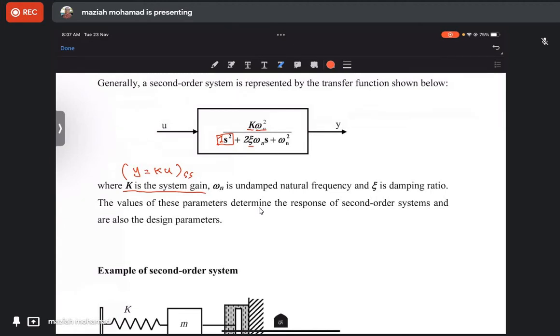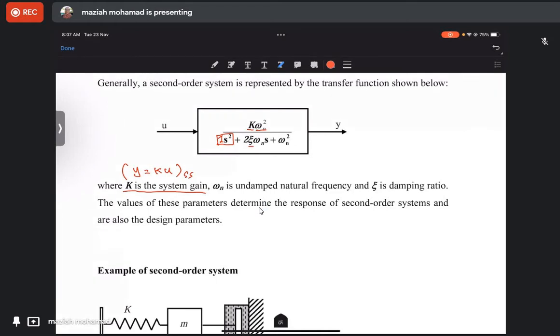It is a parameter that we need to know in order to avoid damaging the system if we operate in the natural frequency region. We want to avoid resonance.